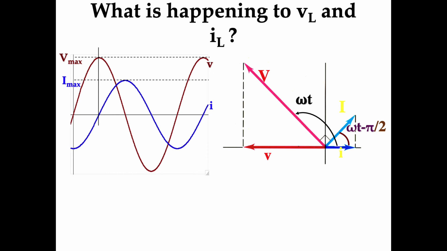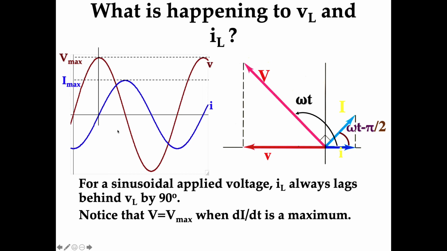Do you guys see that? There's a 90-degree phase shift. And so we say that the voltage leads the current in an inductor. You can either remember it as the voltage leads the current or the current lags the voltage.